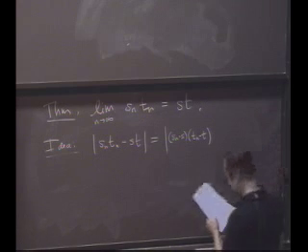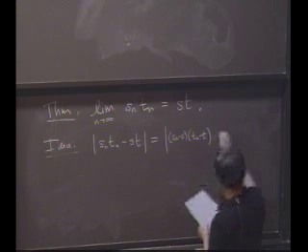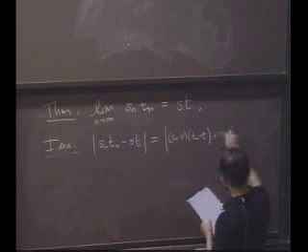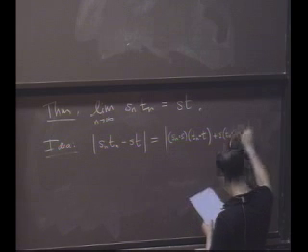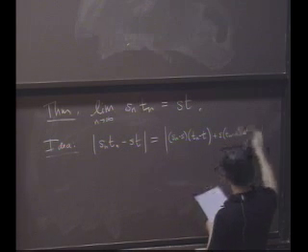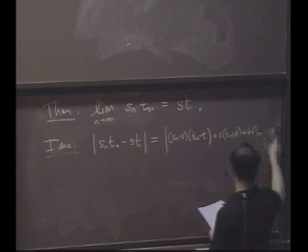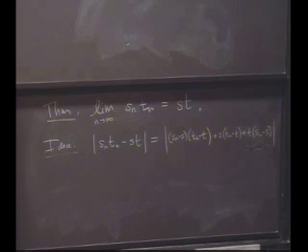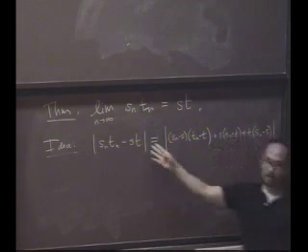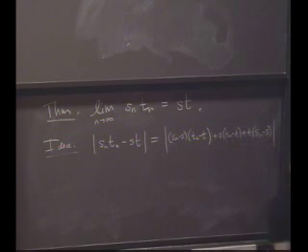But if I add Sn(Tn minus T), and I add T times (Sn minus S), then in fact what's inside is the same as here. Okay, so this takes a little bit of cleverness, or pulling a rabbit out of a hat.